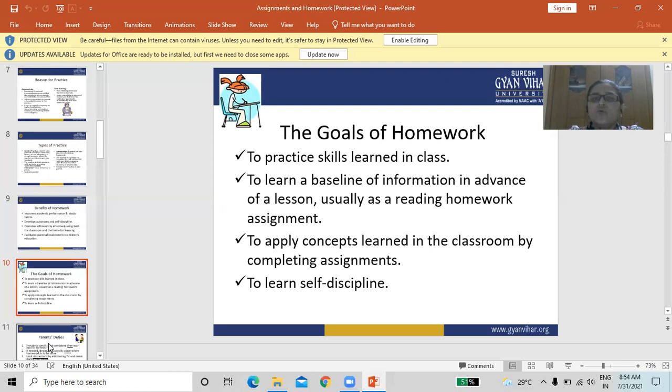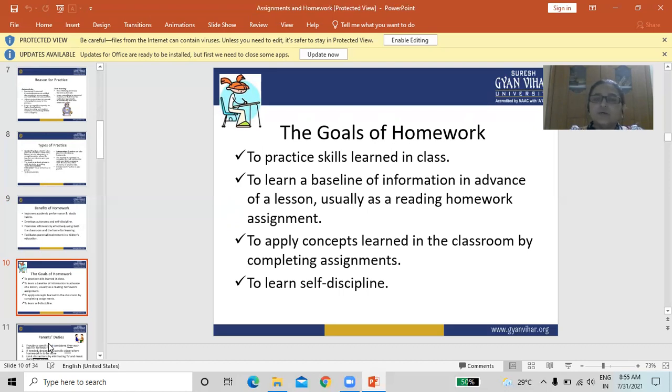The goals of homework: to practice skills learned in classes; to learn a baseline of information in advance of a lesson, usually as a reading homework assignment; to apply concepts learned in the classroom by completing assignments; to learn self-discipline.